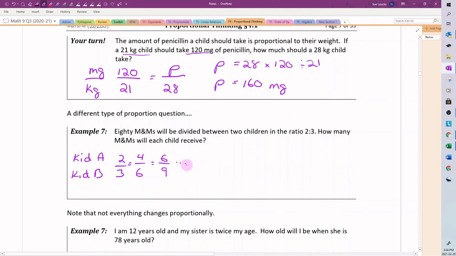But that's going to get really tedious long before we get up to 80 M&Ms. But if you notice, this number is always 2 times something, and the other kid is getting 3 times something. I don't know what the something is yet, but the first kid's always going to get 2 times that number, and the second kid is always going to get 3 times that number.